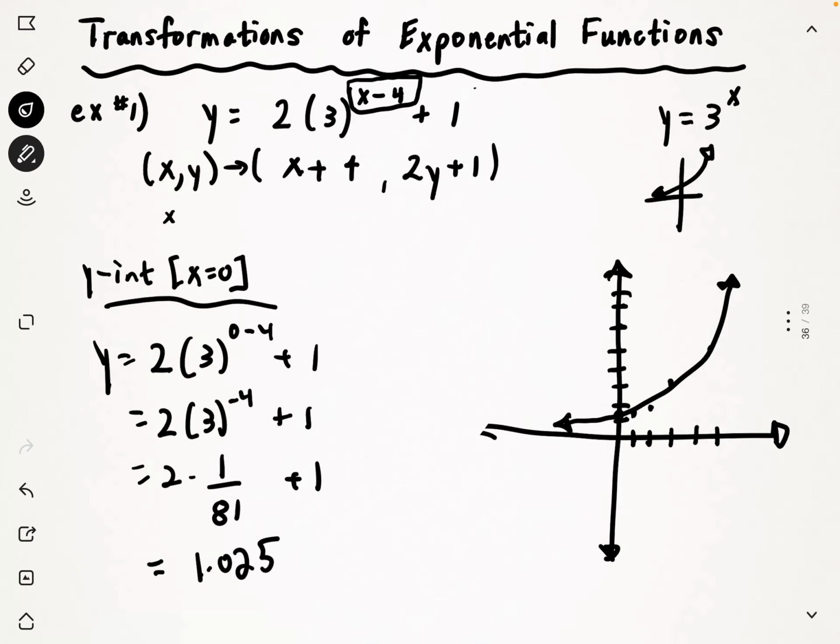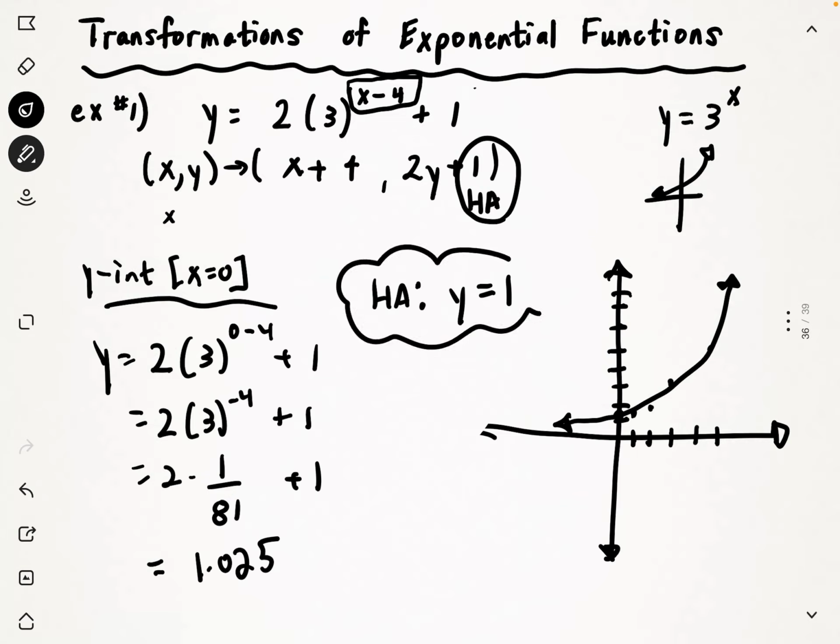It's not very accurate. What about a horizontal asymptote? Well, let's just say that in general, for all transformations of exponential functions, you can get your horizontal asymptote from your vertical translation. We just want to make sure that we're writing it as the equation of a horizontal line, so we should write it as y is equal to positive 1.